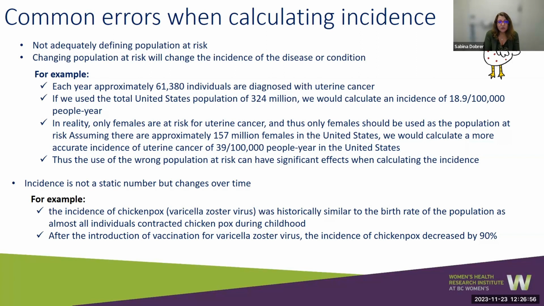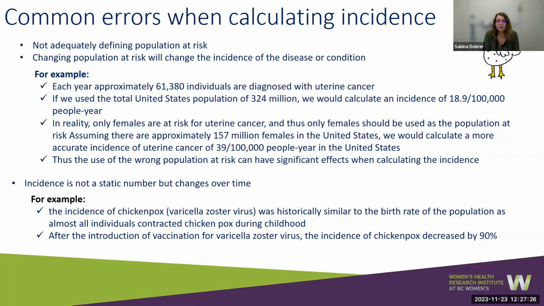So, for example, we know that each year approximately 61,380 individuals are diagnosed with uterine cancer. So when we say, okay, the population is the population of the United States, we will calculate the incidence, and our result will be 18.9 per 100,000 person years. So we calculated the incidence, but actually in reality, only females are at risk of uterine cancer.